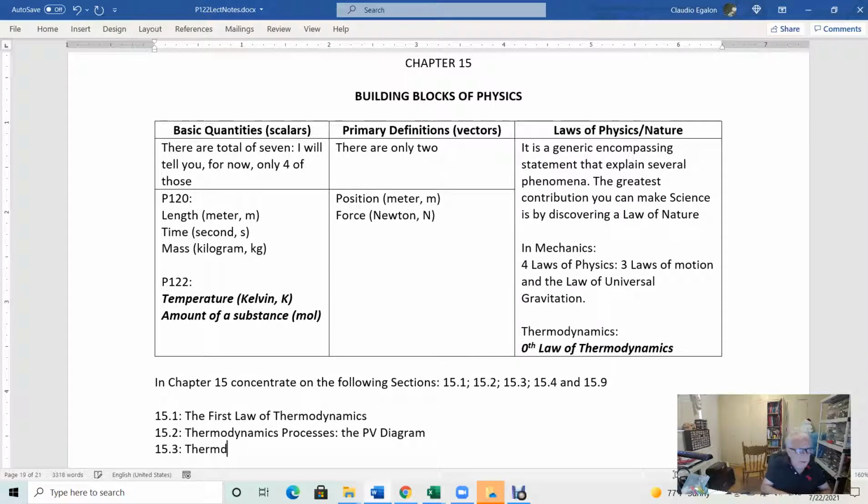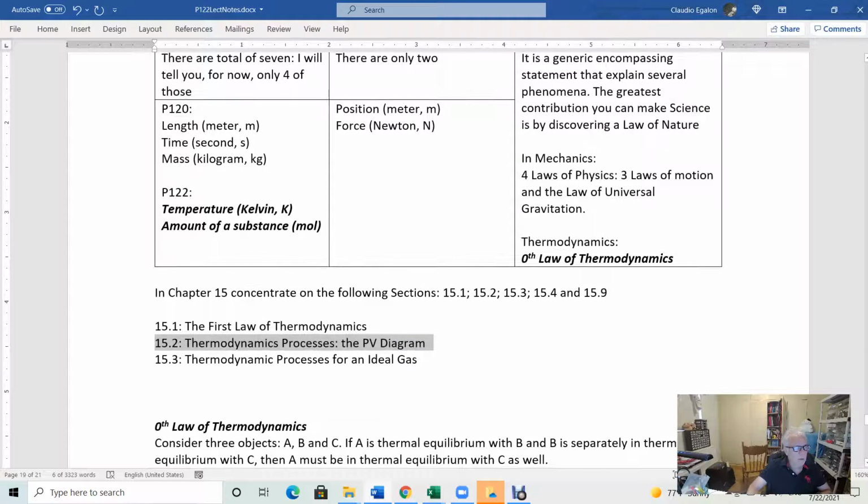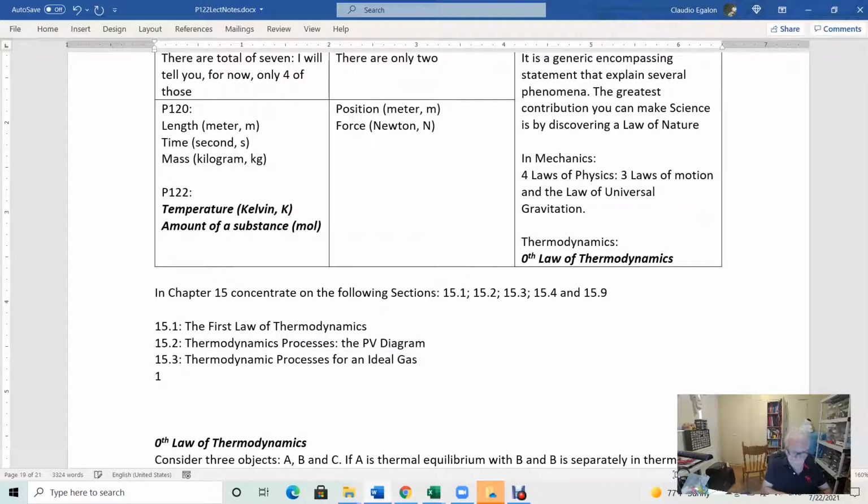15.3, thermodynamic processes for an ideal gas. So whatever generic concept was presented here on 15.2, we will apply that for an ideal gas. 15.4 is reversible and irreversible processes.